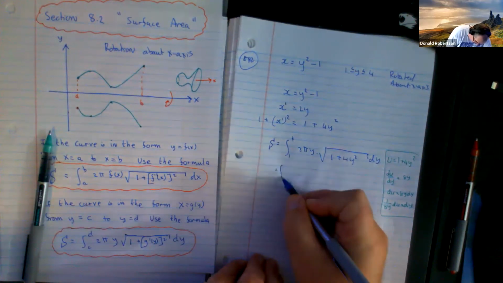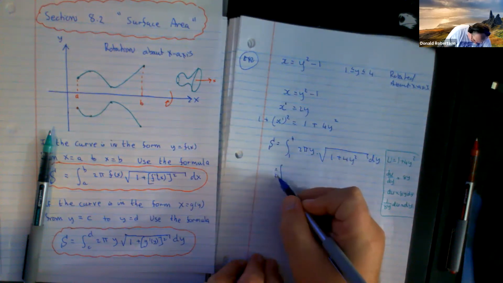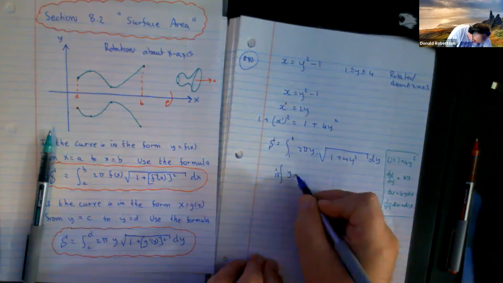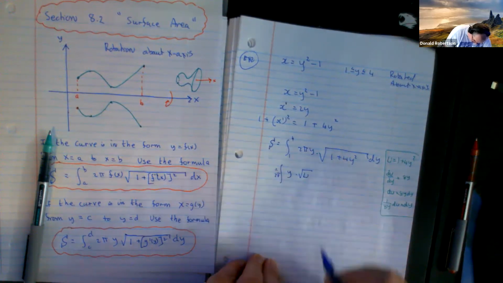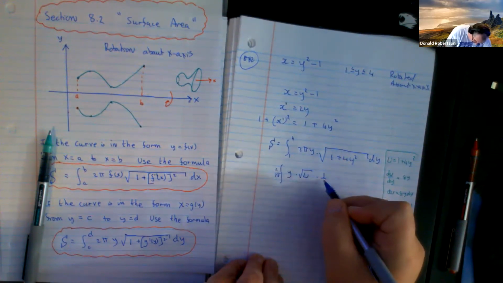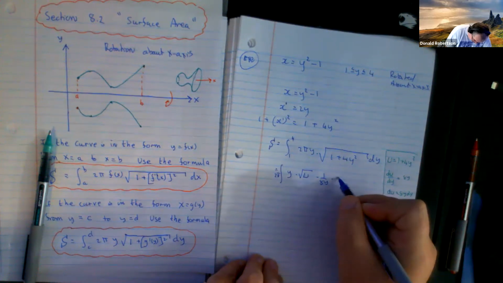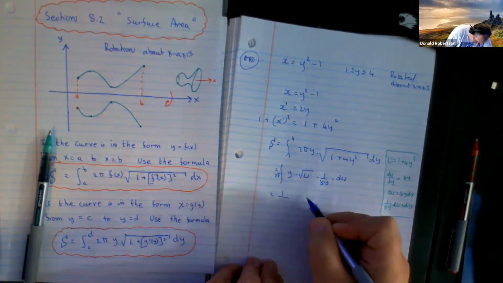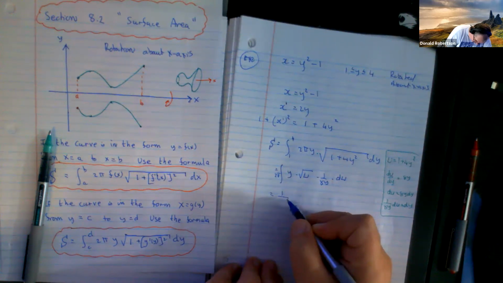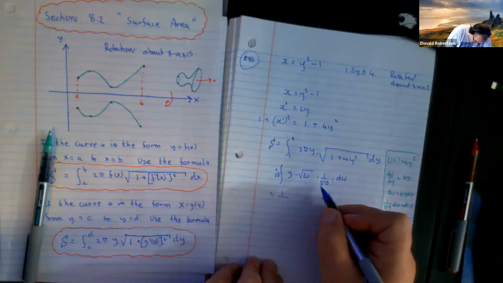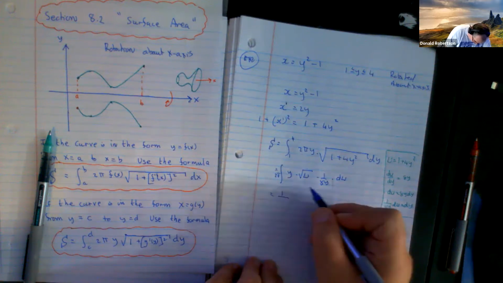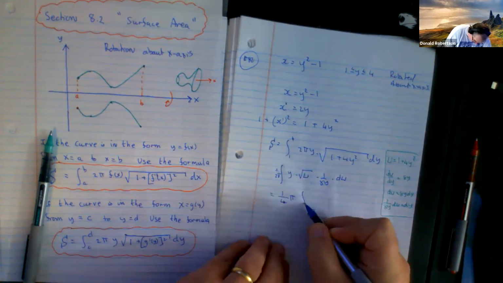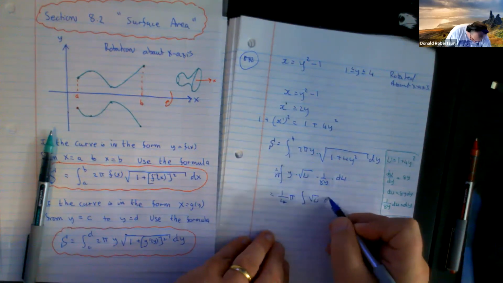The integral, stick out the 2 pi, going to have a y, a square root of u, and a 1 over 8y du. So I now get, what's it going to be? 8. So 8 times 2 is going to be a quarter pi. There we go. The integral of the square root of u du.